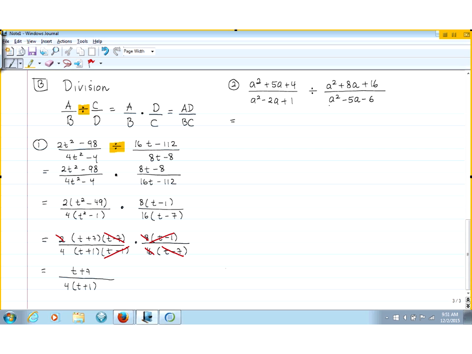So what do you have here? So a squared plus 5a plus 4 divided by a squared minus 2a plus 1 multiplied by a squared minus 5a minus 6 divided by a squared plus 8a plus 16. All right.